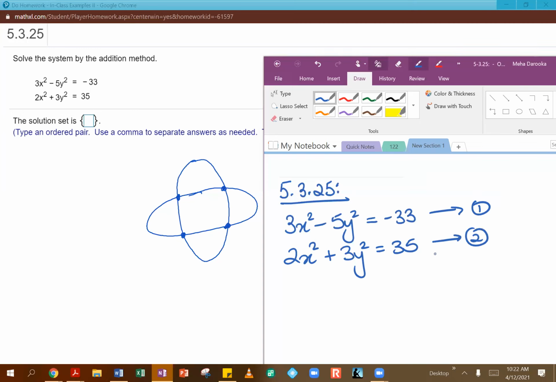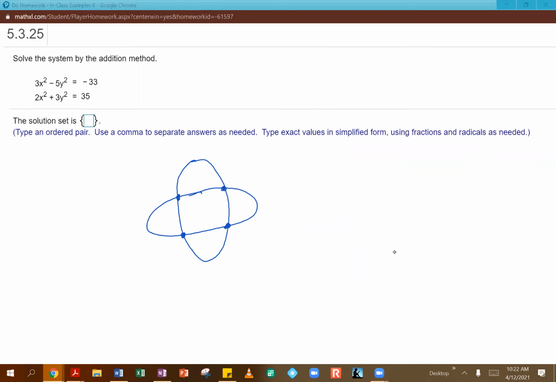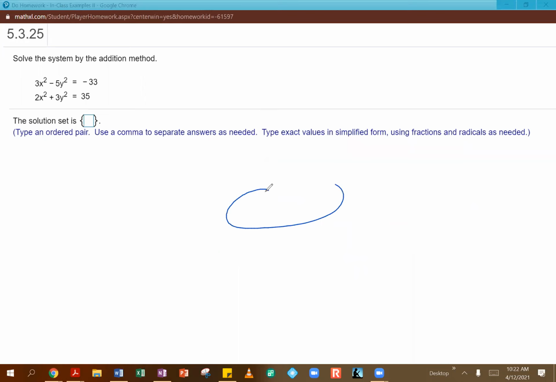So we've got 3x squared minus 5y squared equals negative 33, and 2x squared plus 3y squared equals 35. As I said, these are more like an ellipse with a hyperbola because of that minus sign. So you would still end up with 4 points of intersection no matter what in this case.